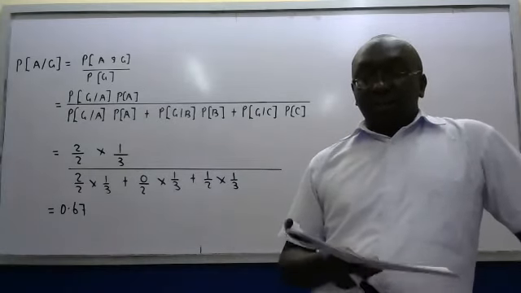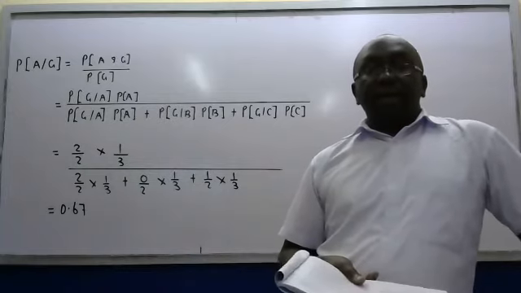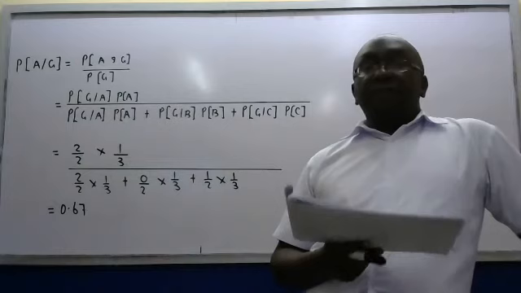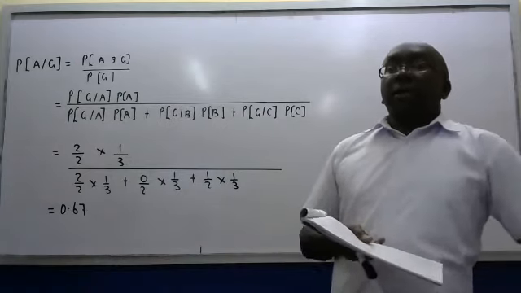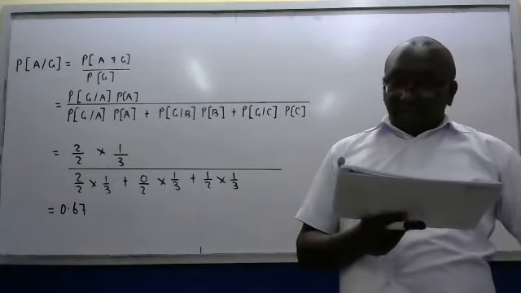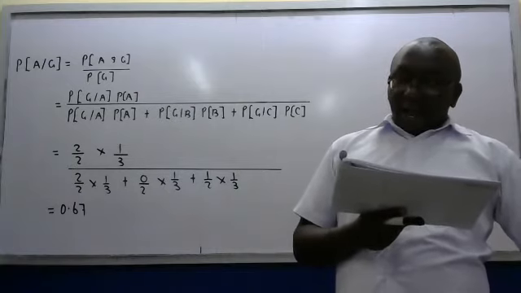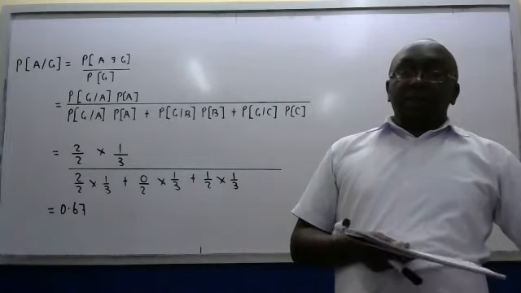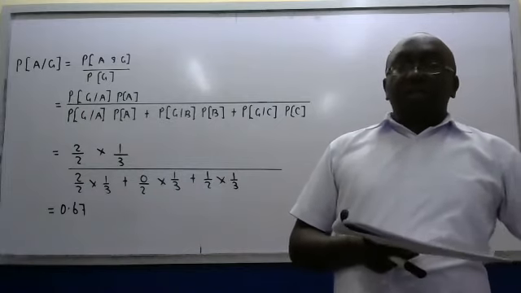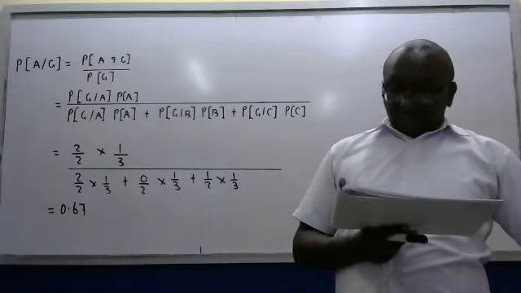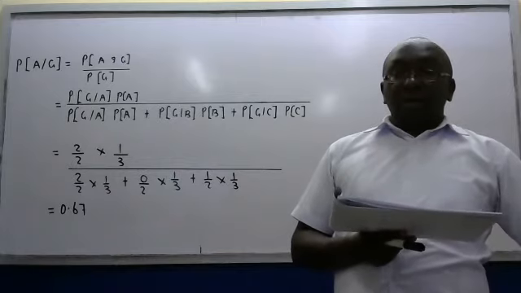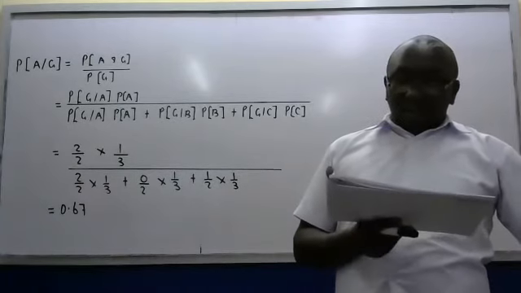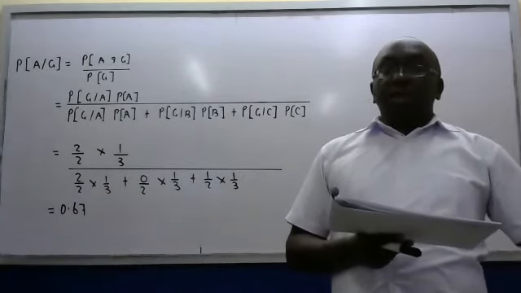When a machine is set correctly, it produces 25% defectives.